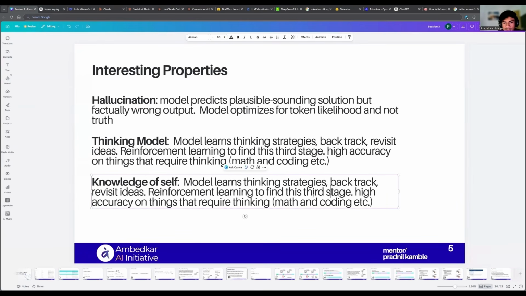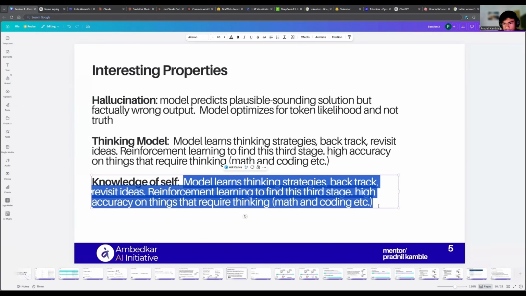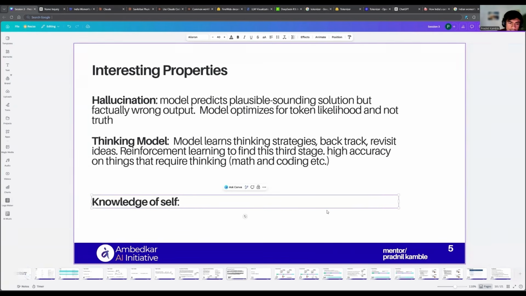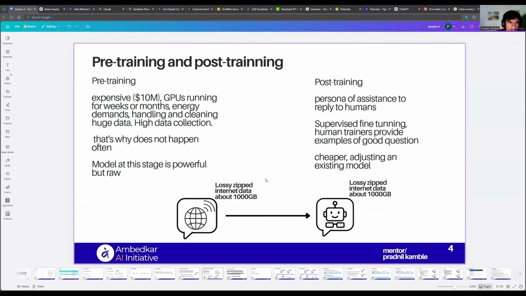Okay, so actually this description is not quite right. The actual explanation is that it is just part of the post training data. We just teach the model to give this answer whenever people ask questions about itself. So this is not really part of the pre training data, but more of post training data where we fine tune these models.